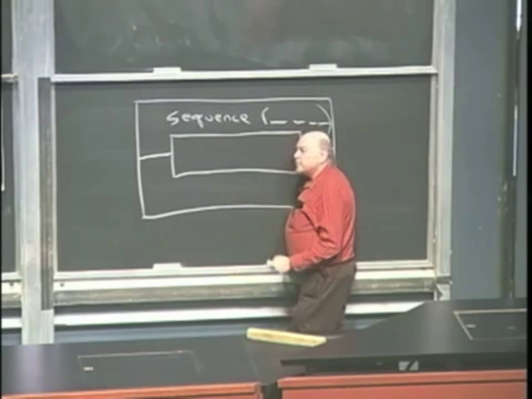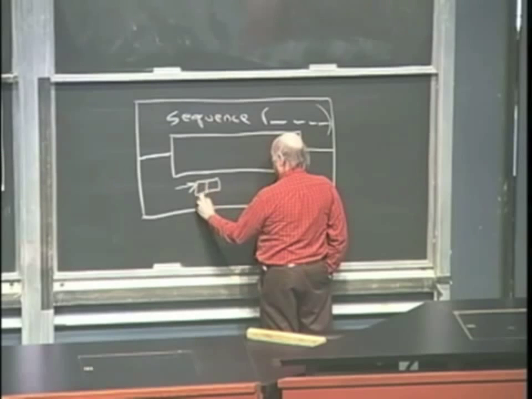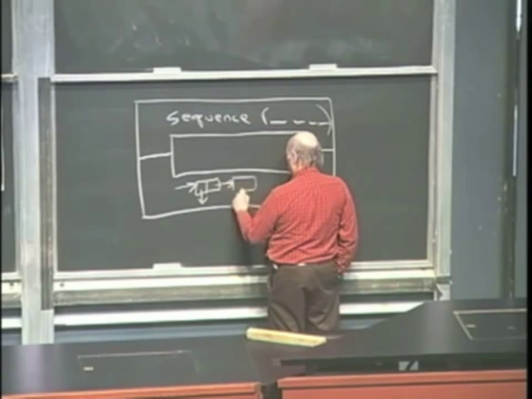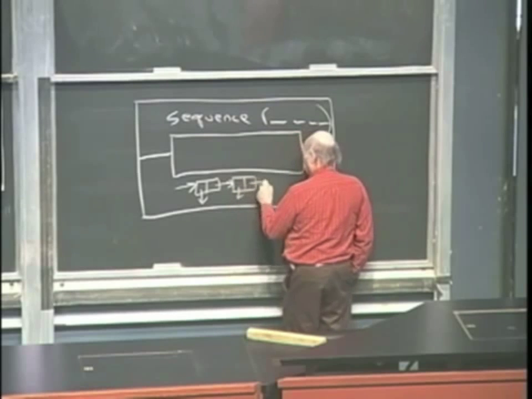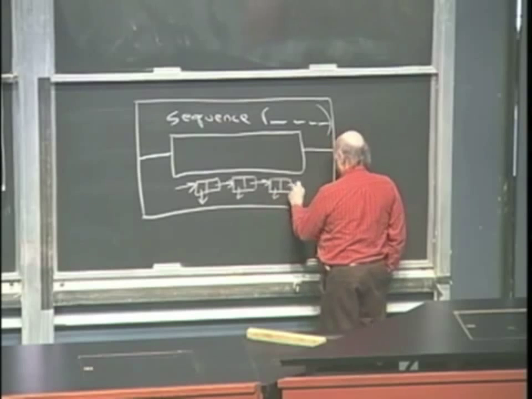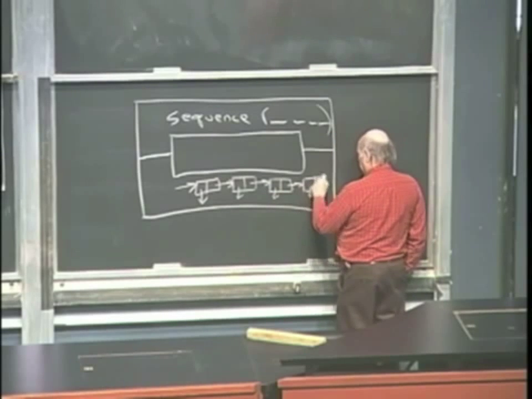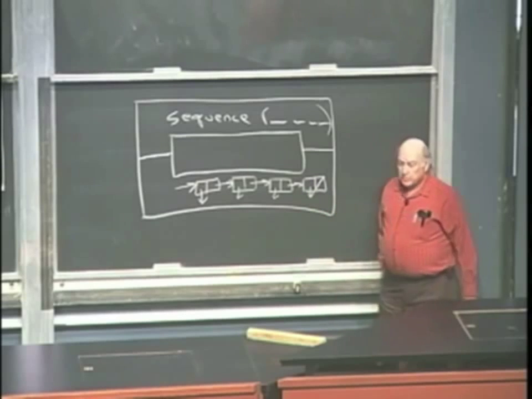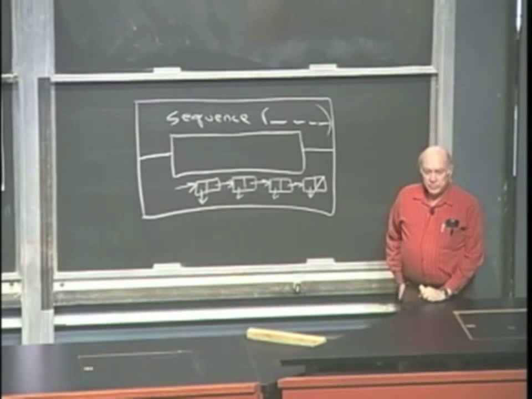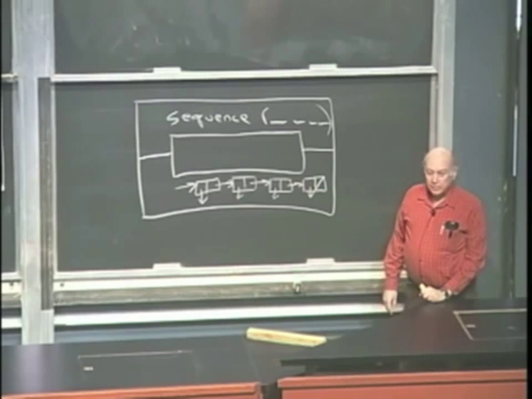And the way we're going to implement that is this way. So a list, a sequence of n elements, is a set of n pairs.